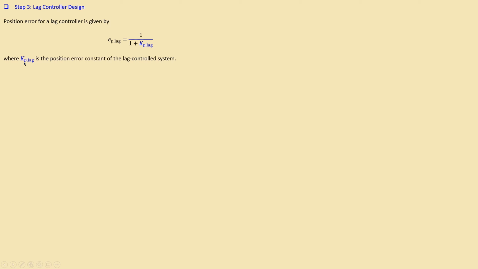Now, if I want to calculate the position error for the lag control system, I will again use the formula. Before I can do that, we require, of course, a 5 times reduction in the position error compared to the P control system.